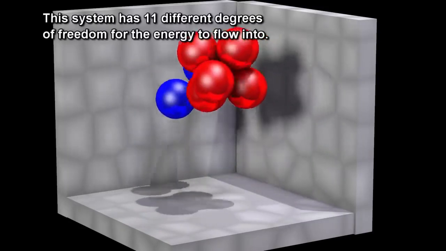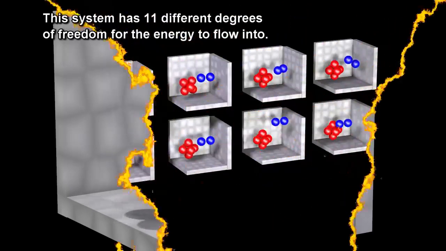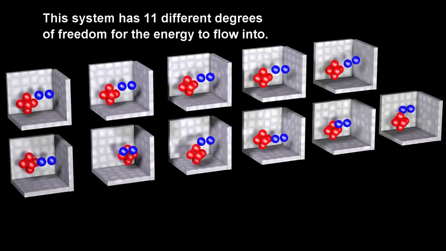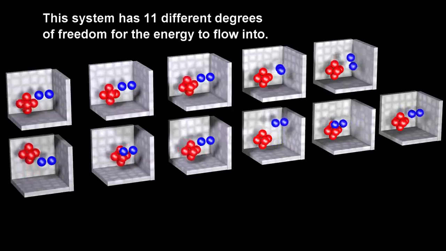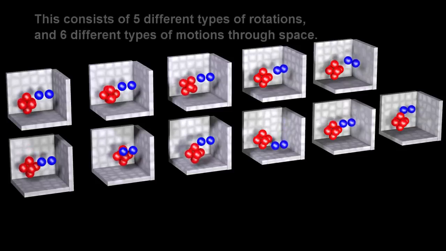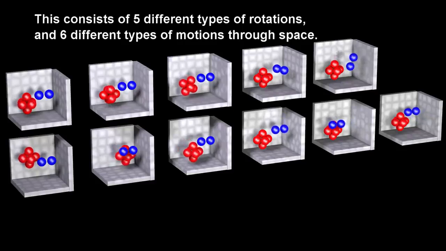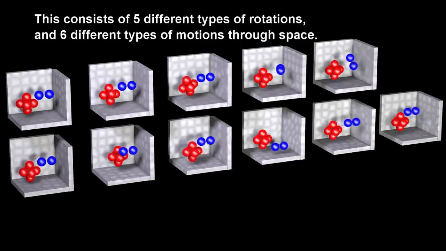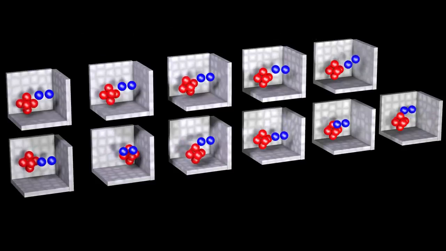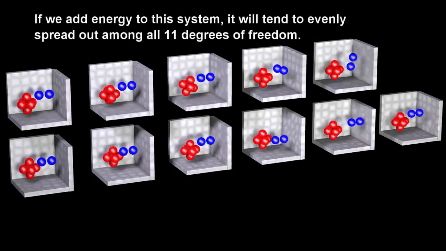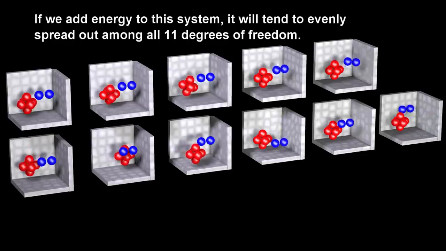This system has 11 different degrees of freedom for the energy to flow into. This consists of 5 different types of rotations and 6 different types of motions through space. If we add energy to this system, it will tend to evenly spread out among all 11 degrees of freedom.